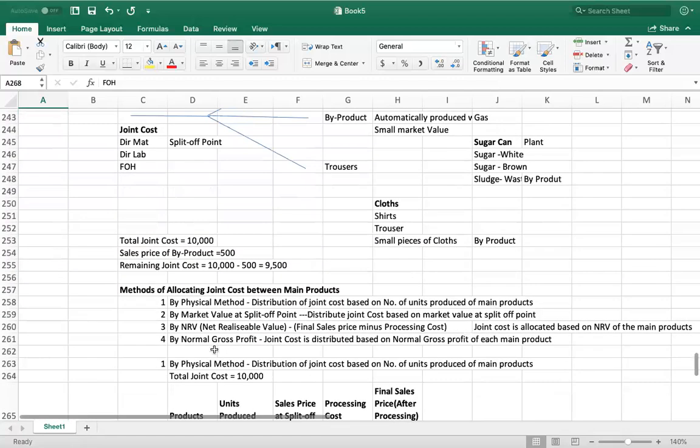This is the better method, then net realizable value, then market value at a separate point, and the last one, the physical method, is not a good method, but because of its simplicity people use it. The first priority should be normal gross profit margin, which is more accurate. The physical method is easy, so most companies use it, but it is not accurate.